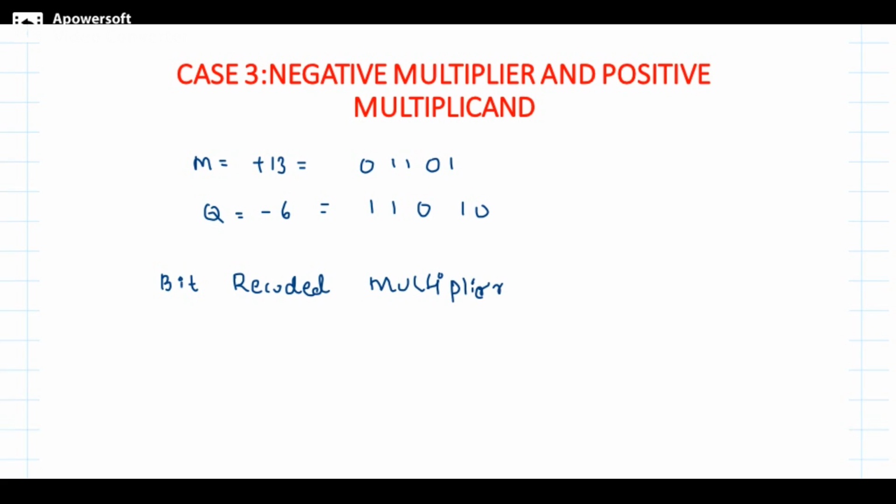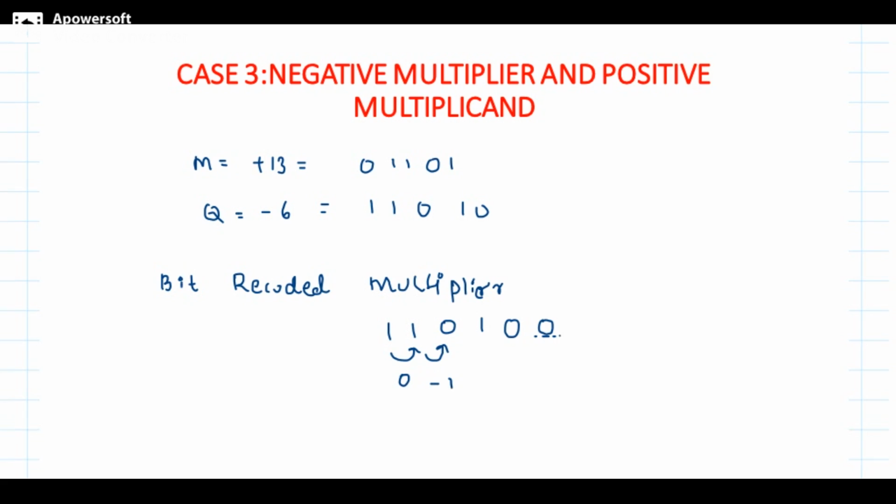For that, write q as it is. So we know the value of q as 1, 1, 0, 1, 0. Append one extra 0 to the LSB and check the transition. The transition from 1 to 1 is 0, and transition from 1 to 0 is minus 1.